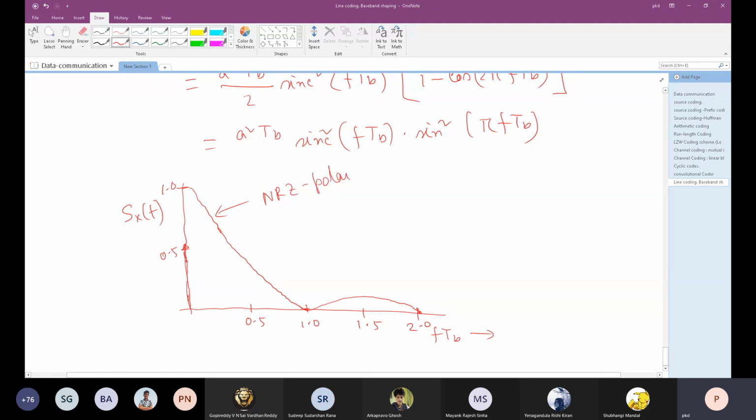For NRZ unipolar, the delta function, and there will be another one here. So these two together will give NRZ unipolar.